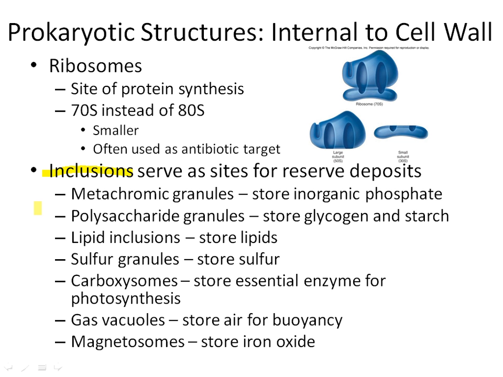The most important one, and yeah, you do need to know the name of it, is called a metachromic inclusion. It stores what we call inorganic phosphate. The chemical symbol for phosphate is P. It's actually PO4, but can you think of anything that's an important molecule in your body, that's going to be in a prokaryote's body as well, that has some P's in it?